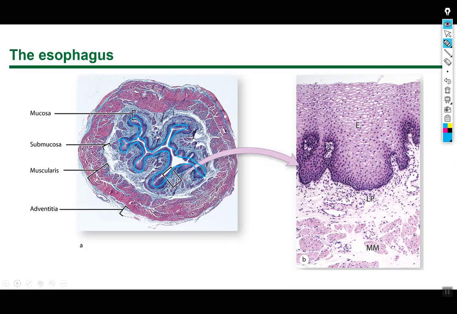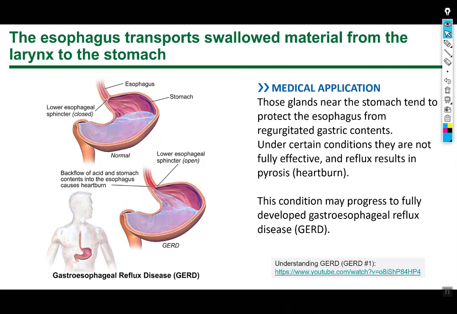It was this esophageal lumen stretching, and probably you're losing some cells from here. So the esophagus basically just transports swallowed material from your larynx to your stomach, avoiding, of course, the airway.